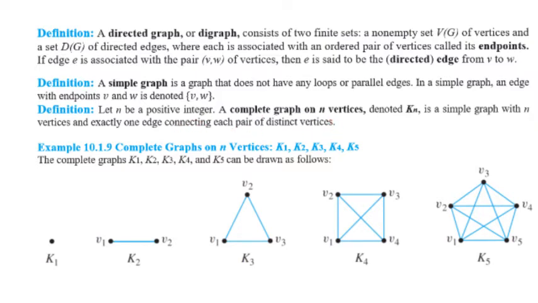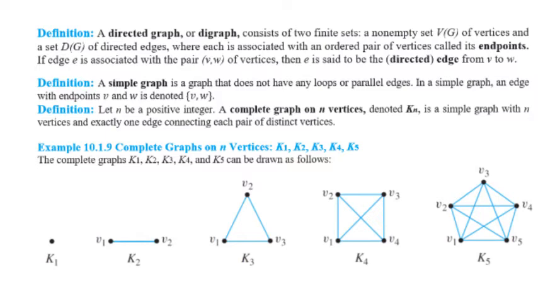So from what we studied in the previous chapter, we can conclude that there are n choose 2, which is n times n minus 1 divided by 2 different edges in a complete graph.